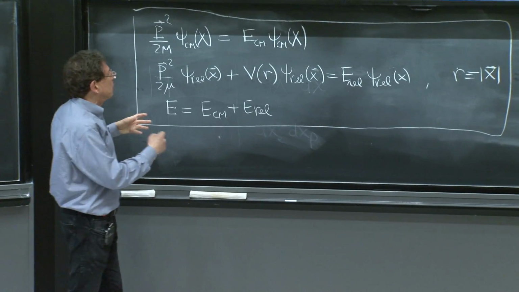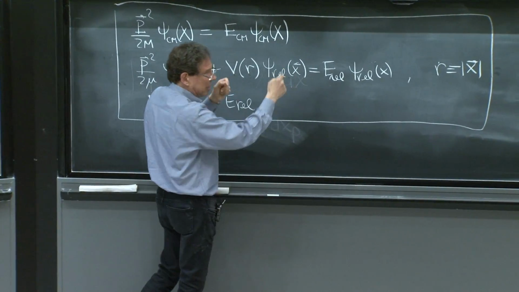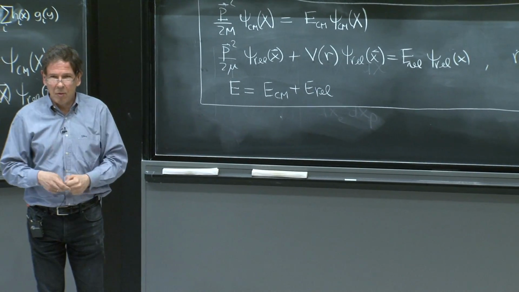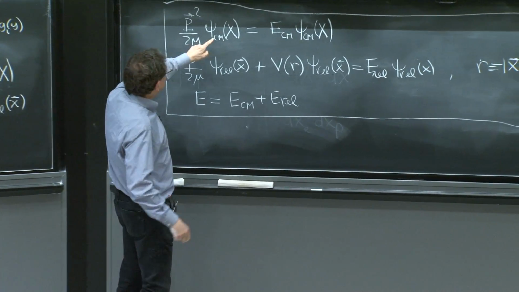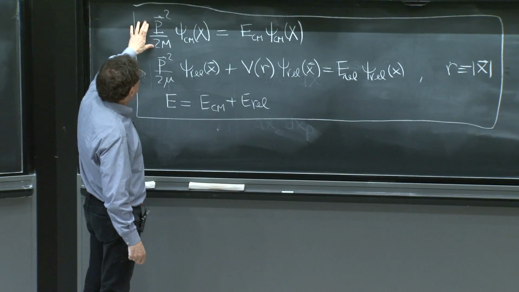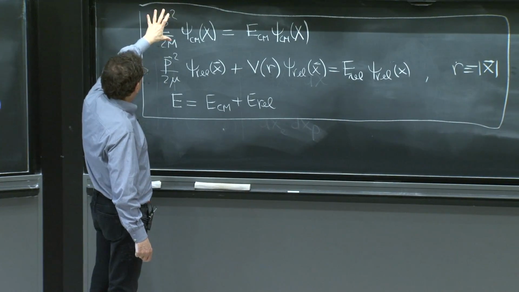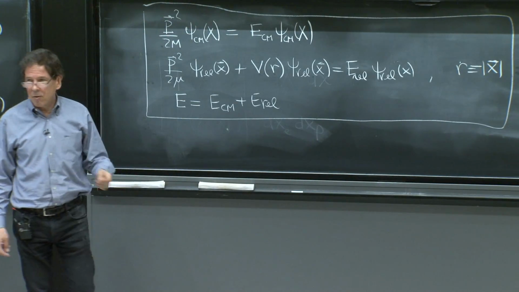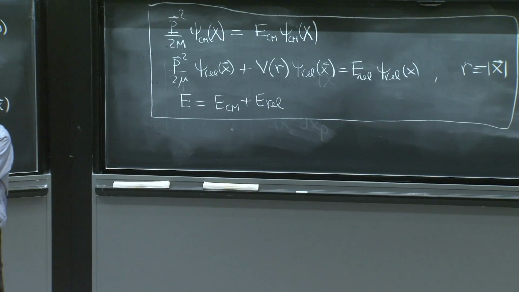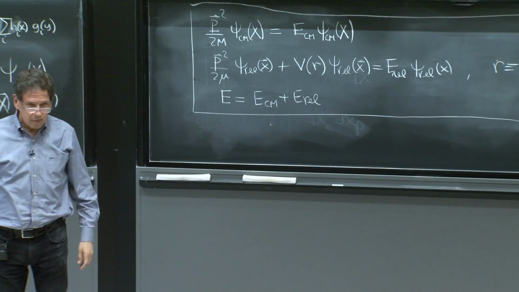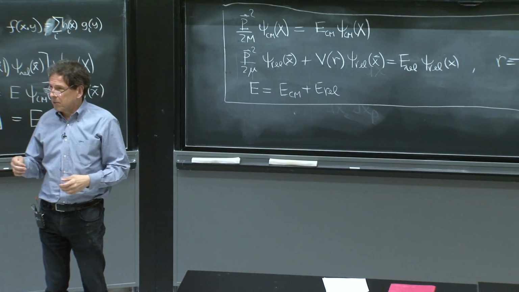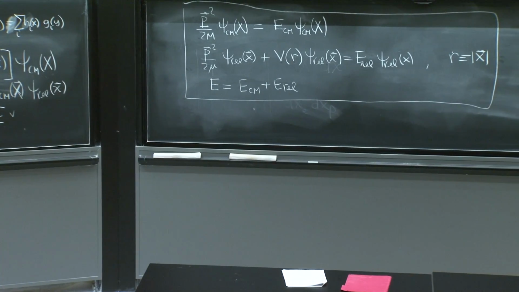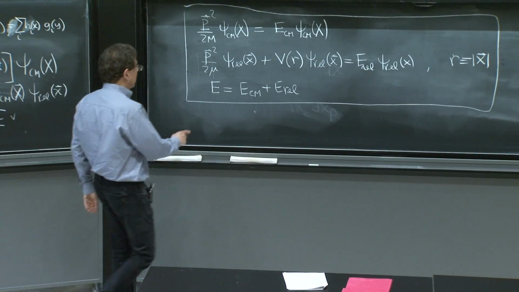That particle happens to be the relative distance between these two particles, but it obeys a central potential equation. Here is the center of mass. Solutions of this are plane waves, momentum plane waves, because this is like a free particle, and that's our intuition. The hydrogen atom can move like a free particle as an overall quantum system, and then there are the relative degrees of freedom. The total energy of the system must be the sum of the two.